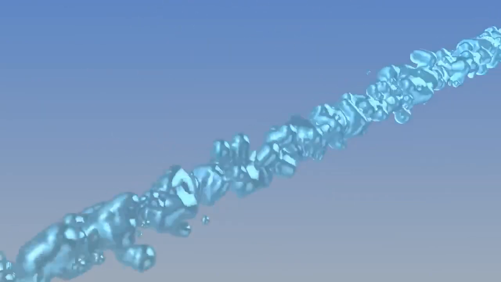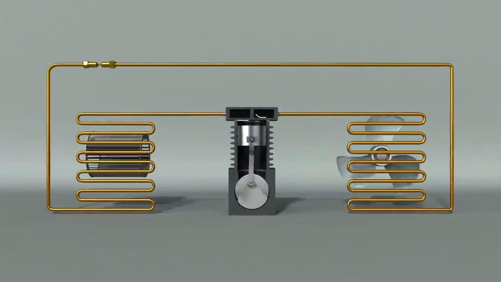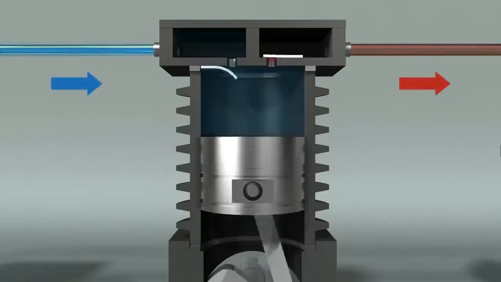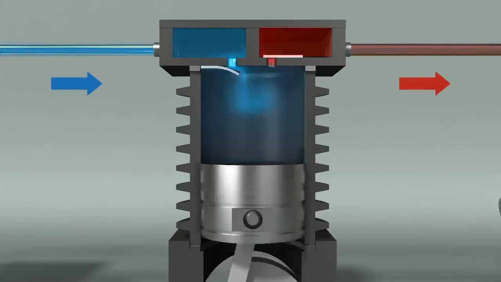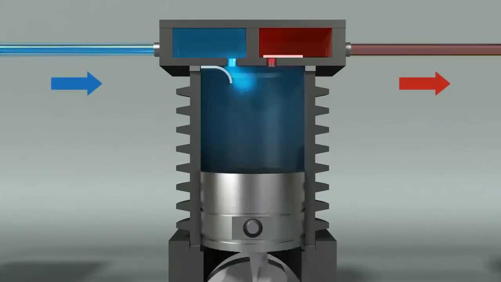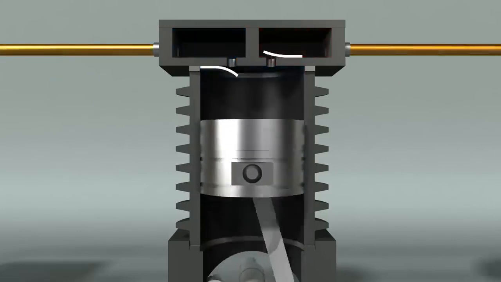Now, to understand how an air conditioner works, let's follow the flow of a refrigerant. First, let's look at the general flow. This is a compressor. If we compare a refrigerant to blood, a compressor is like the heart. A compressor circulates a refrigerant and compresses it to high temperature and pressure.